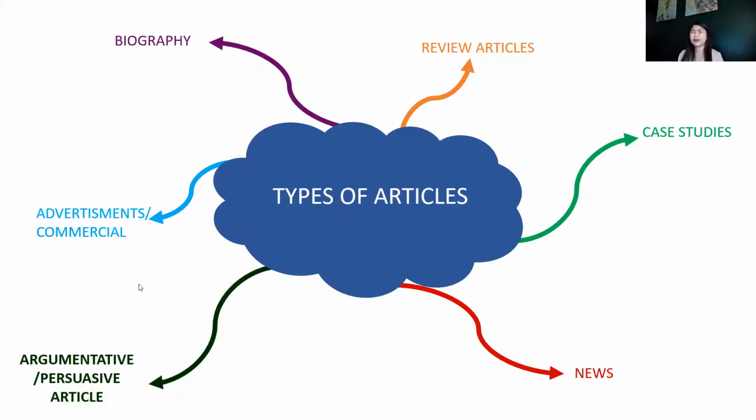So what are the different types of articles? The first one that we saw earlier was a review article. Then we also have case studies. It's a type of information where a specific writer or author investigates a specific topic, issue, or problem in society, for example.